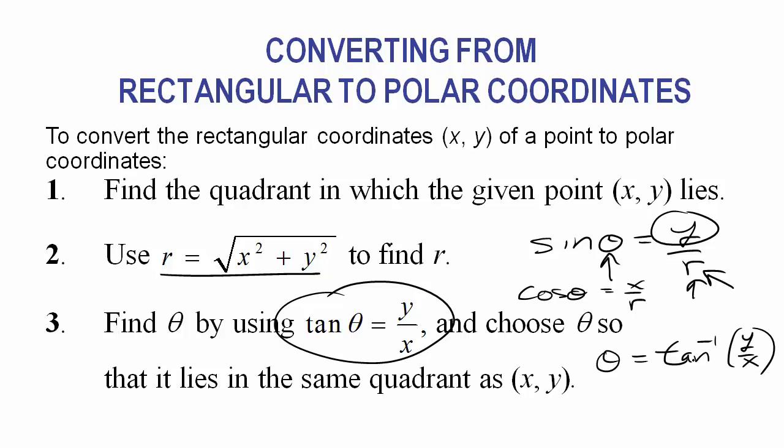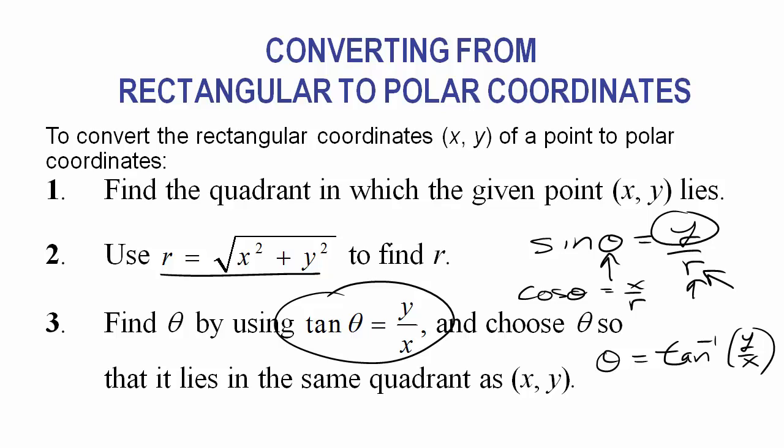Now remember, when you take inverse tangent functions, it always gives you answers in specific quadrants. Where is the inverse tangent function defined? If you take an inverse tangent, it's always going to give you thetas, angles that are locked in certain quadrants.